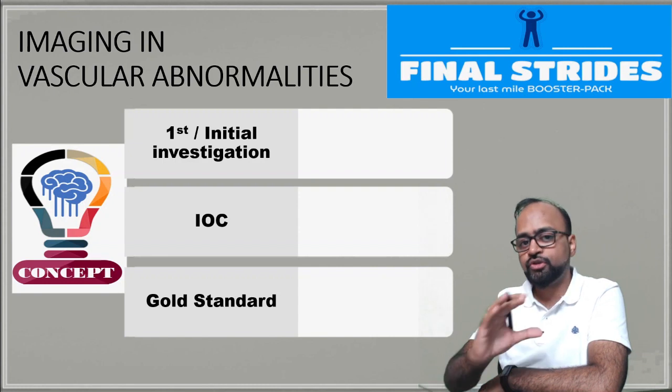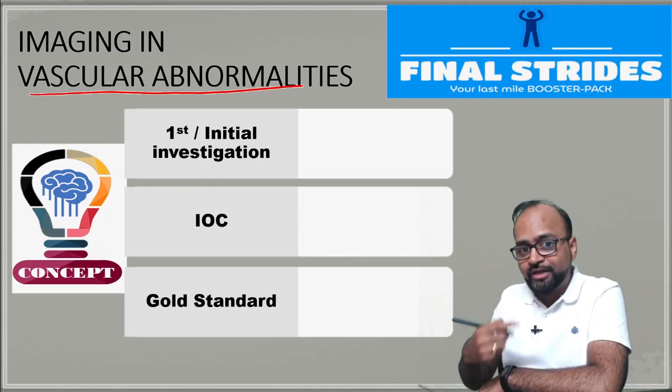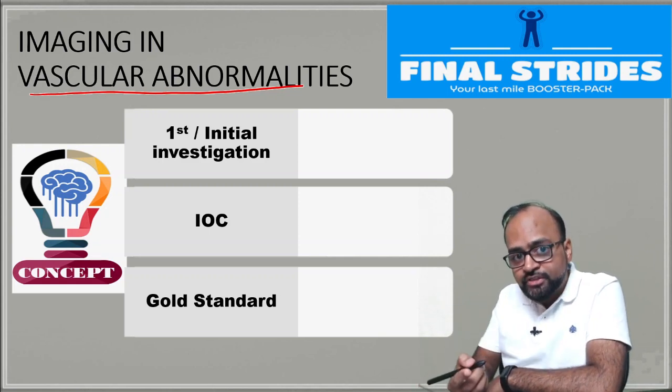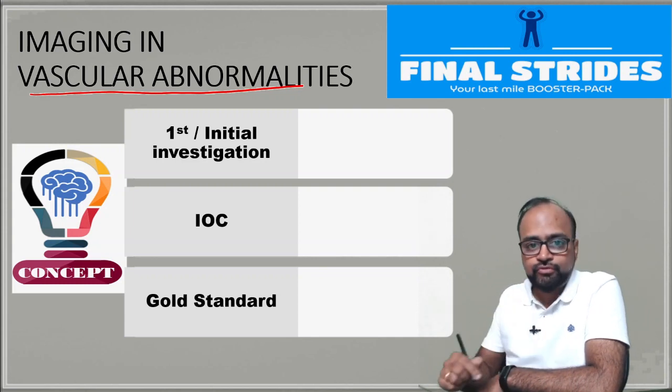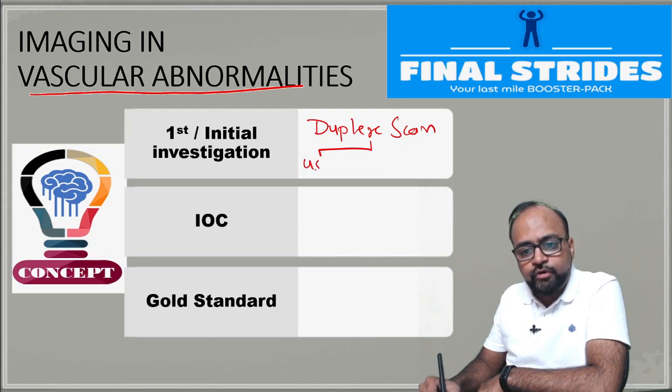So remember this concept. If they ask you for any vascular abnormality, and we are going to apply this rule as we go ahead, what would be the first or initial investigation or the next investigation as was asked in this particular question? It would always be a duplex scan. So duplex scan is a combination of USG plus color Doppler, power Doppler.